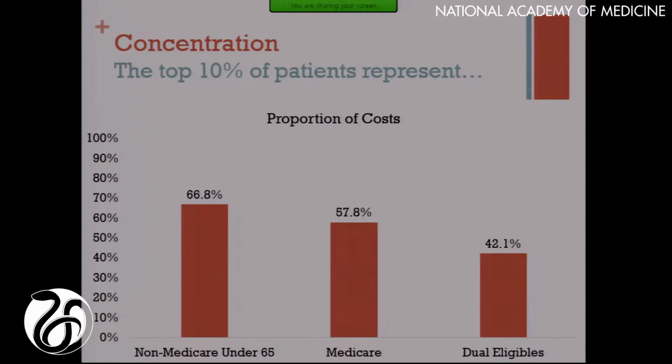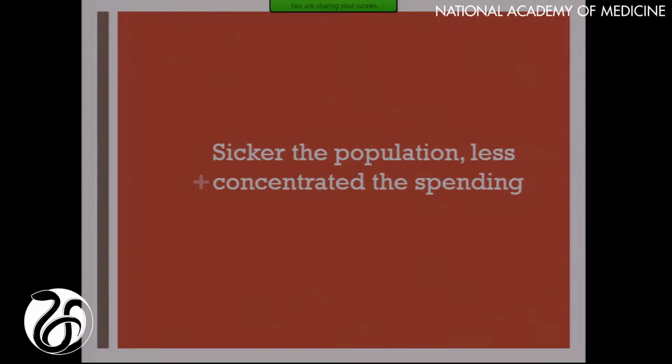One obvious point, but worth making: the sicker the underlying population, the less concentrated the spending. That makes sense, because if you look at the duals, the other 90% all have a lot of healthcare issues as well, and they're going to spend money.